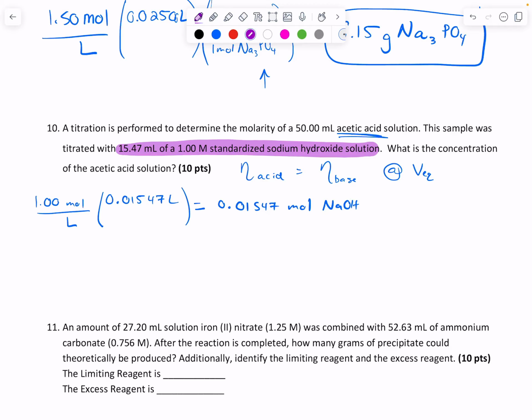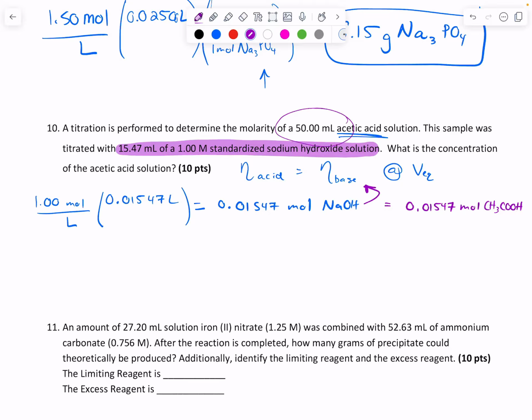And remember what we just said: they are equal, so this equals 0.01547 moles of acetic acid, which is CH3COOH. Now I know how many moles of acetic acid I have.